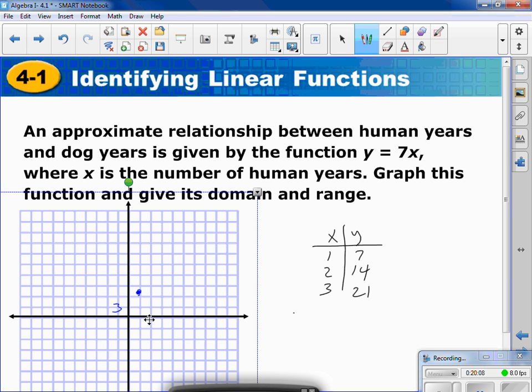See, you got to think. 4 times. 3 times 4 is 12, and it's almost the next one. So I got 3, 6, 9, 12, and it's not quite 15. 21 is 7 exactly. 1, 2, 3, 4, 5, 6, 7. Even though I don't count by ones, the graph is still linear.